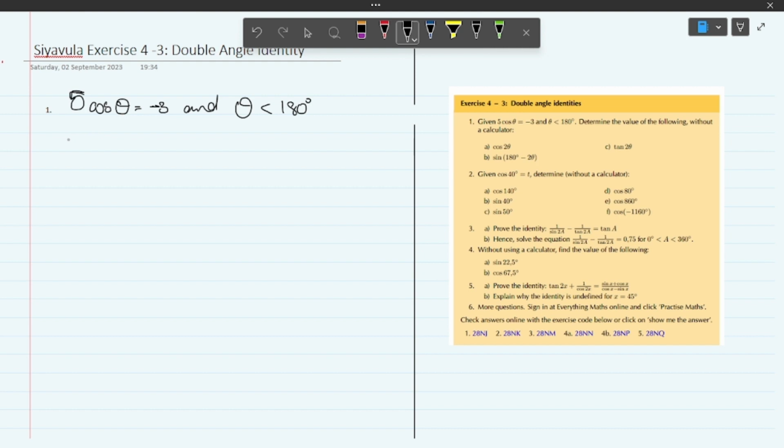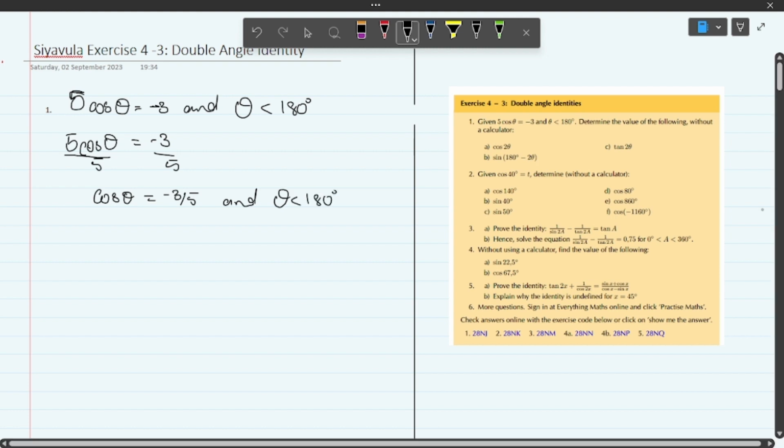Since it's 5 cos theta is equal to minus 3, we're going to divide by 5 on both sides, right? So we're left with cos theta is equal to minus 3 over 5, and theta is less than 180 degrees, right?